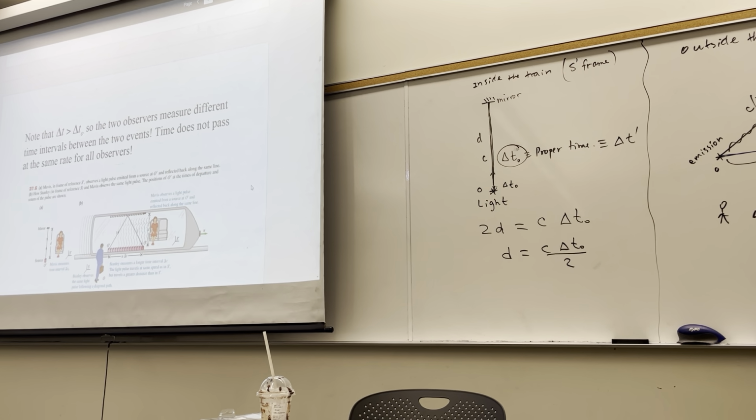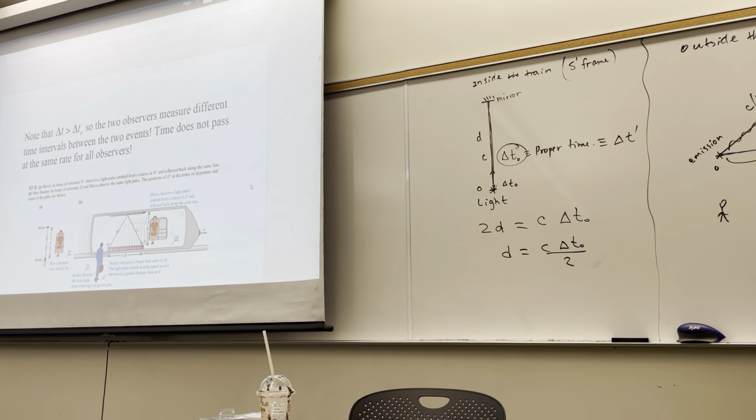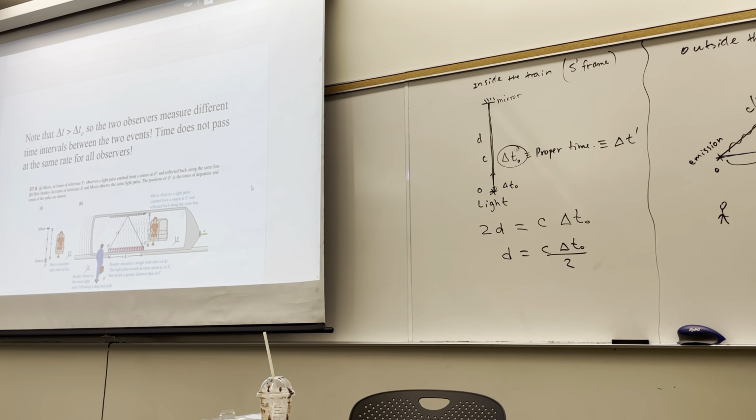Now, if I use Pythagoras theorem here, what do I have? I have u times 1/2 of delta t, all of it squared, plus d squared has to be c squared delta t over 2 squared, correct?